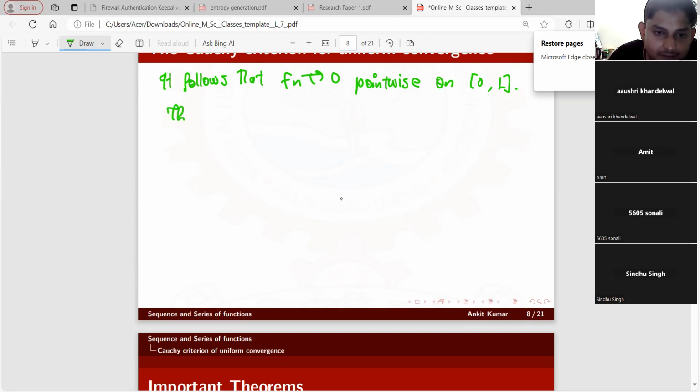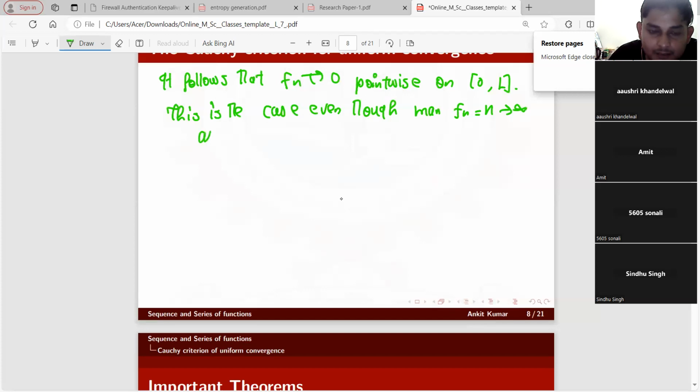This is the case even though the maximum of fn tends to infinity as n tends to infinity.